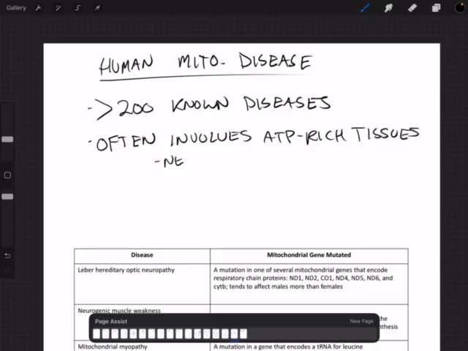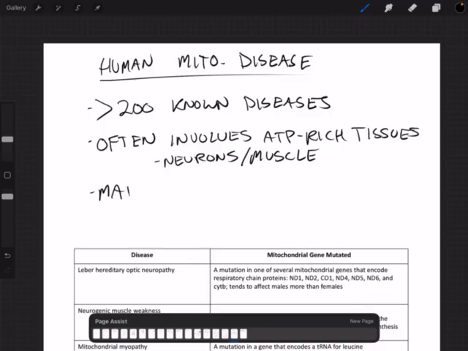Things like neurons or muscle. These are going to be more affected by a mitochondrial mutation than tissues that don't need a lot of energy, right? You can maybe limp by without a lot of mitochondria, but if you're a neuron that's constantly firing, constantly needing lots of energy, then you're more likely to see a phenotype that's sort of neuromuscular than you are something in like the skin or something perhaps a little less active.